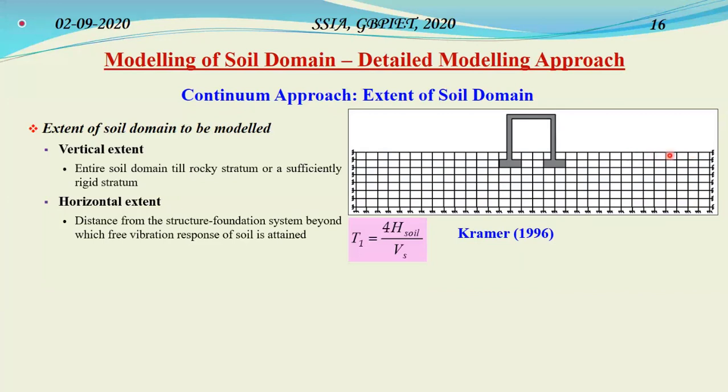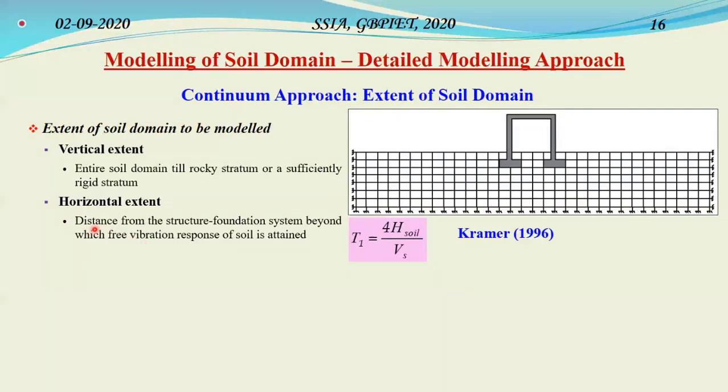Any response obtained within that extent will have some influence of the structural response. So the extent of SSI response should be averted and free field response should be obtained, and that gives us the first guideline of the horizontal extent of the soil domain.